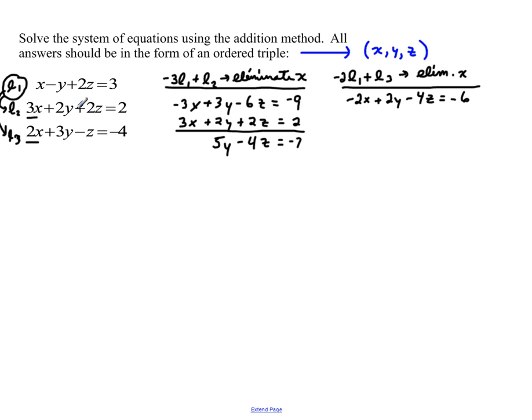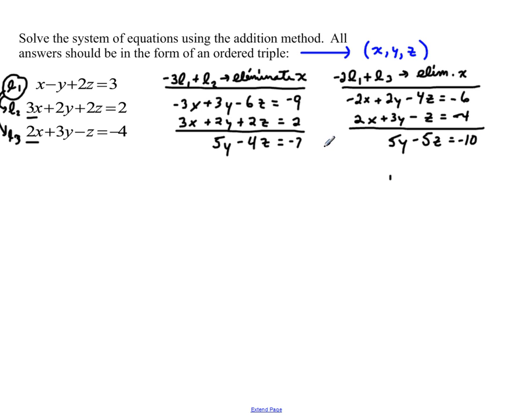Now we're going to add that to line 3 this time, so that's 2x plus 3y minus z, and set that equal to -4. When we add these two together, of course, the x term drops out, gives us 5y minus 5z is equal to -6, and -4 gives us -10.